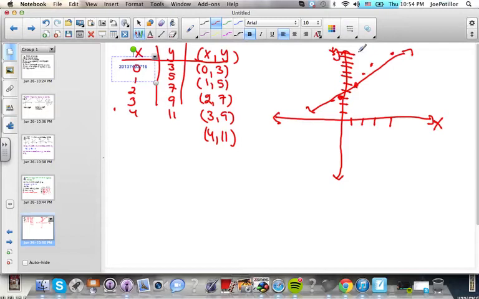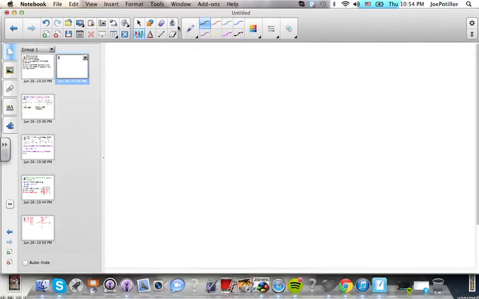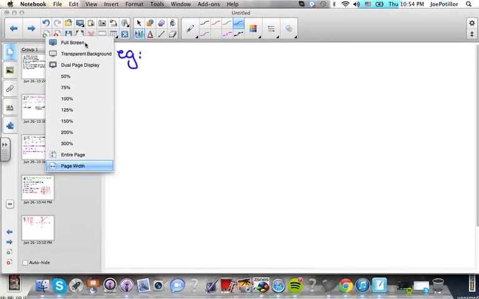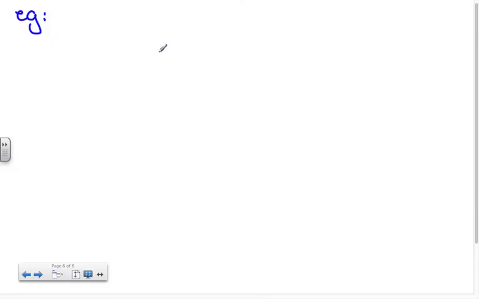Let's try a different one. Let me go back to full screen mode. Let's graph y equals x squared minus 3. The same concept applies for this problem.